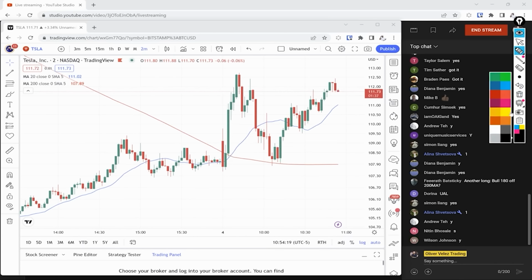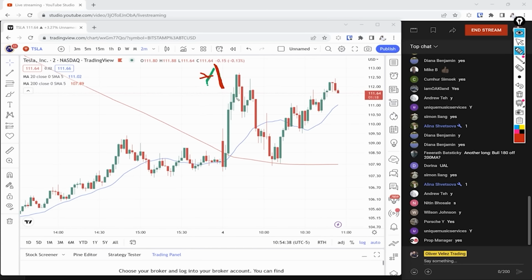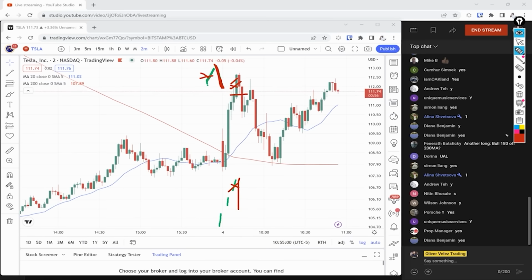Listen to me carefully. I'm shorting the failure of green from above. Okay, that can be like this, the failure of green from above. I am shorting the failure of green from below. I am diving into red from above.